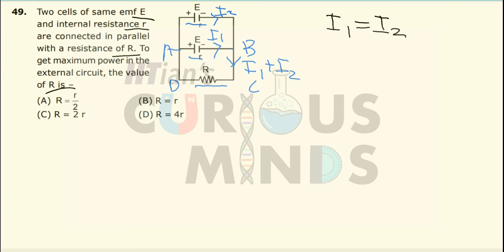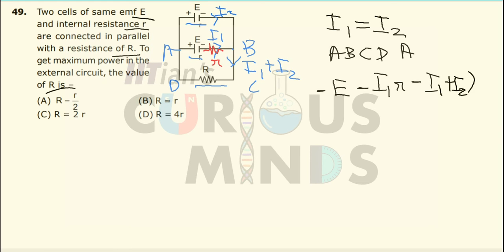Now consider any one of the loops, with the internal resistance over here equal to small r. I have to first find the value of I1 and I2 in terms of E. If I apply Kirchhoff's law for loop A, B, C, D, A, it will be minus E minus I1 r minus (I1 plus I2) into capital R equal to 0.